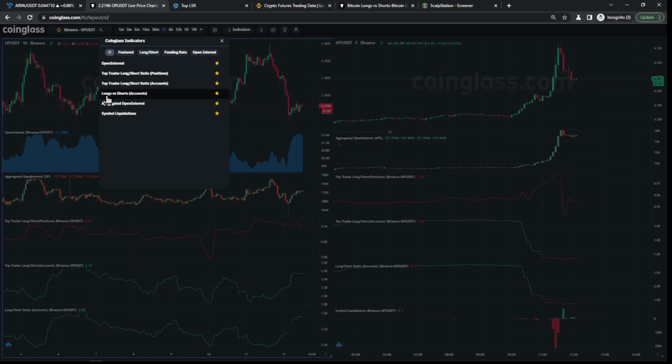So accounts, position, long and short, this is the ratio. Here's the difference in account, position, long or short. Accounts hold longer, and positions get liquidated really easily.